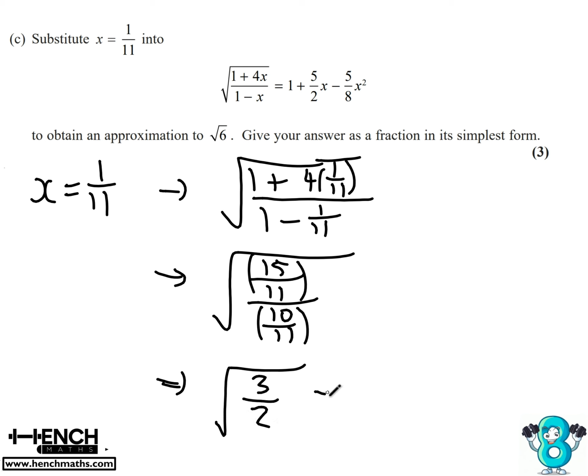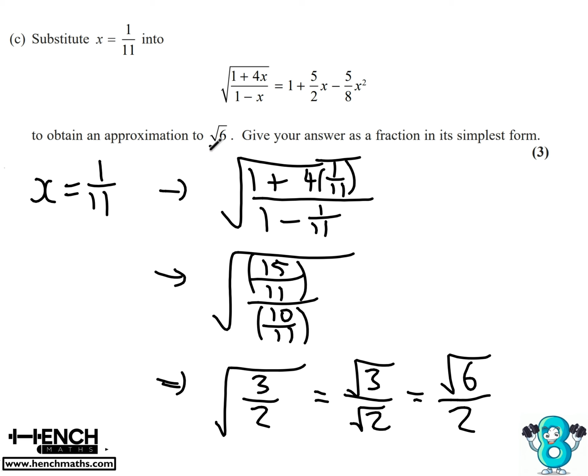Now if you write it like this, the square root of 3 over the square root of 2, and you rationalize it, what we end up with is root 6 over 2. Effectively, this has just shown that if we sub an 11th into our root, we get an expression that's the square root of 6 over 2.